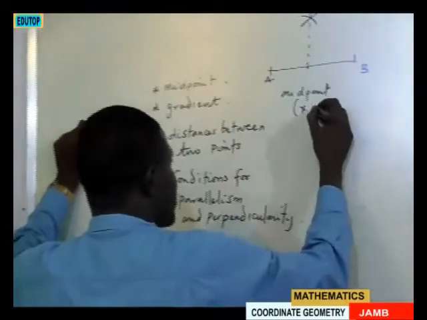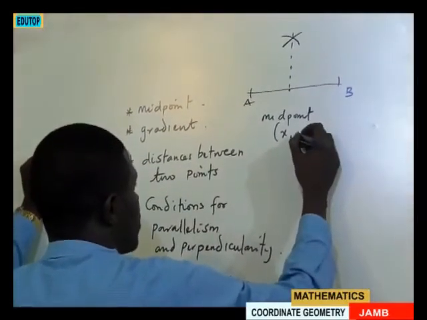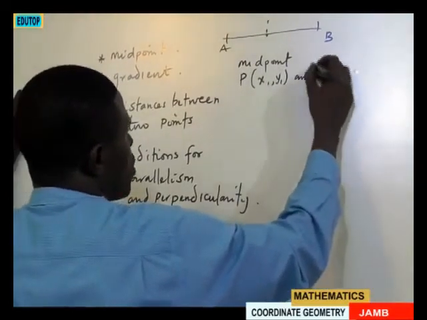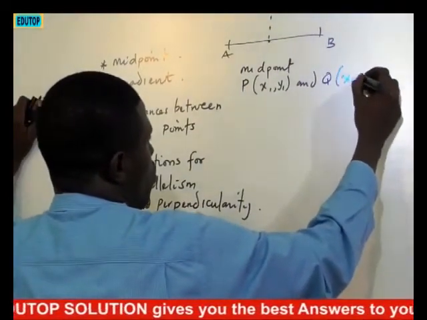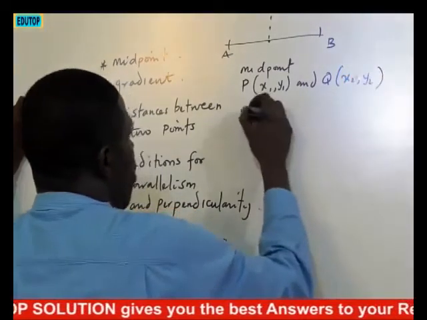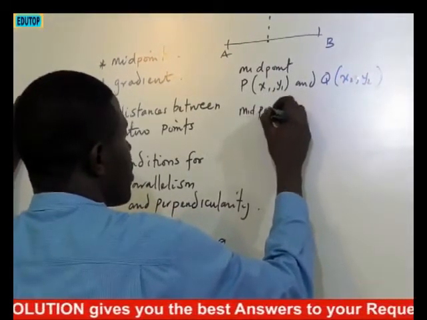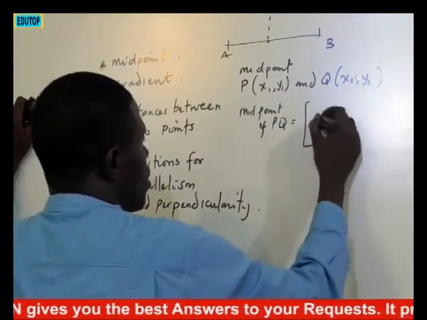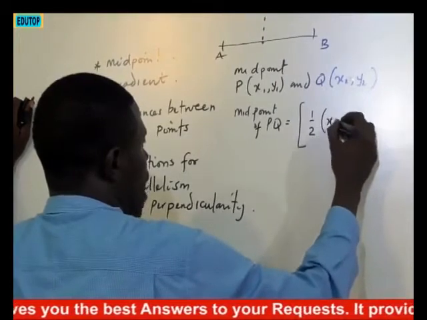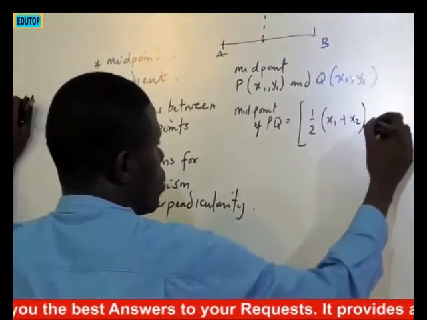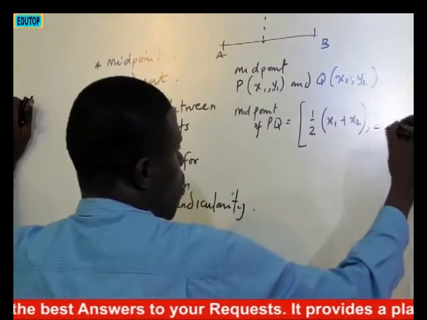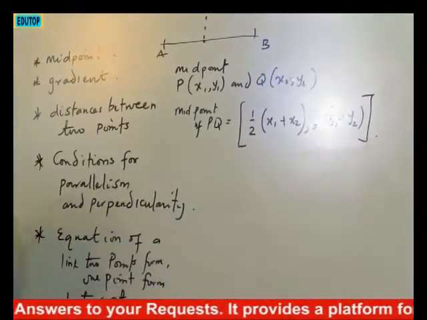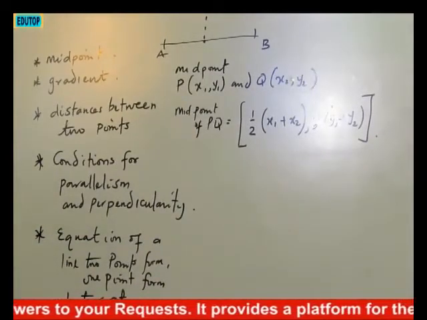Considering coordinates P (x1, y1) and Q (x2, y2), the midpoint of PQ will be half of x1 plus x2, comma, half of y1 plus y2. That's the formula for calculating the midpoint.